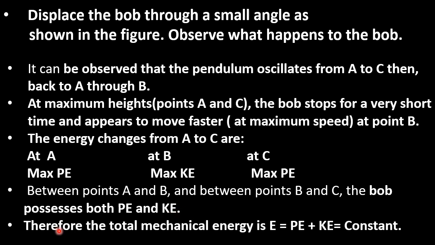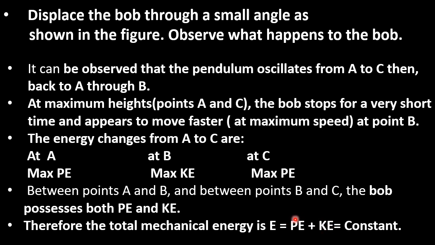Therefore, at any particular point, the total mechanical energy, call it E, is equal to potential energy plus kinetic energy. This sum is always constant, which agrees with the law of energy conservation.